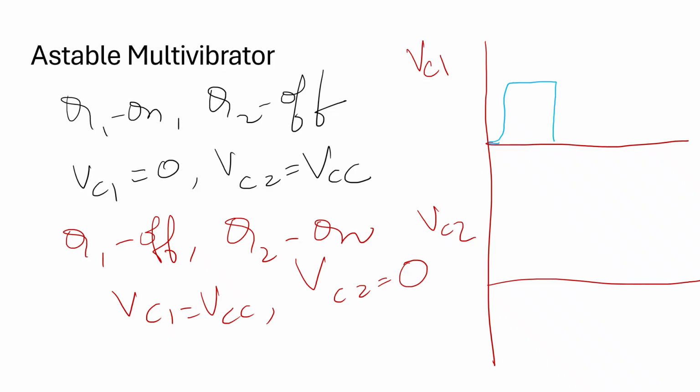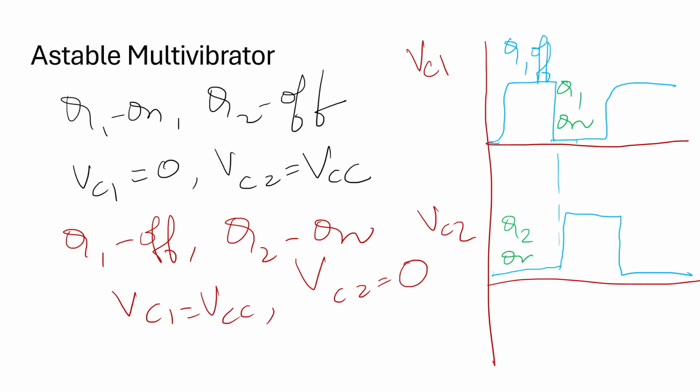And VC2 is at minimum voltage when Q2 is on, it is 0, and then it increases. So these are the output curves obtained when Q1 is off and Q1 on. Here when Q1 is off, Q2 is on.